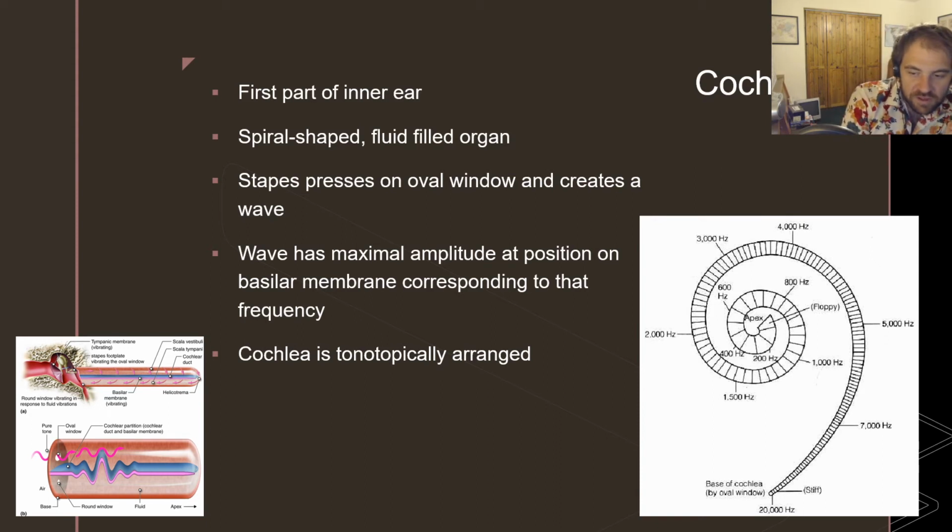And right here, by 20,000 hertz, this is where the stapes and the oval window are. And what that means is, it doesn't matter what frequency you're hearing. It can be high, it can be very low, it can be very high. It's passing over 20,000 hertz. There's going to be a wave that passes over 20,000 hertz, and that's going to cause the hair cells to move near 20,000 hertz.